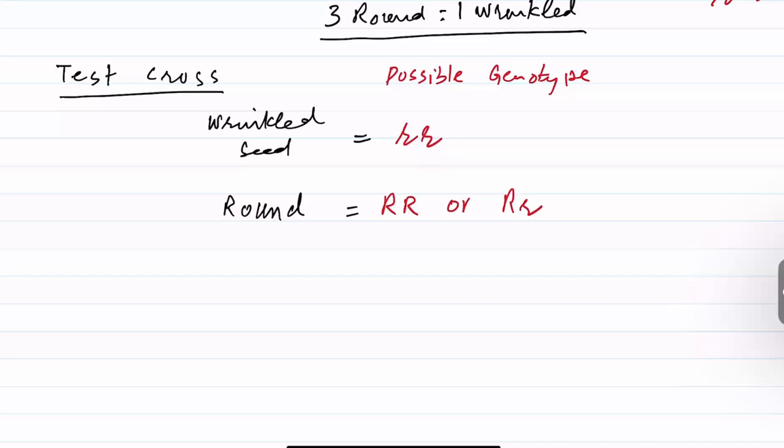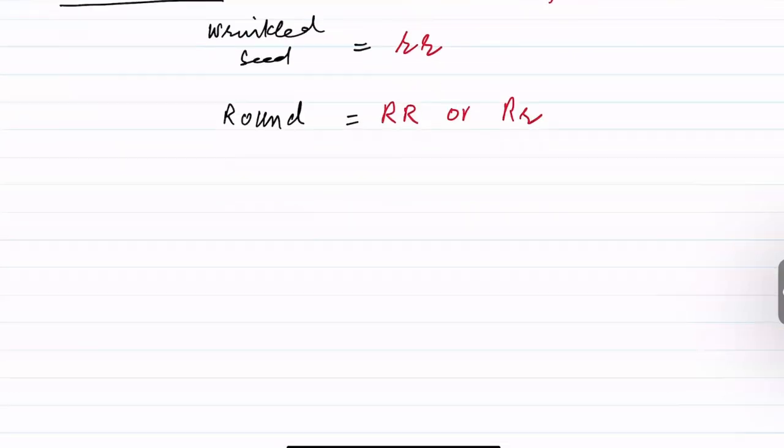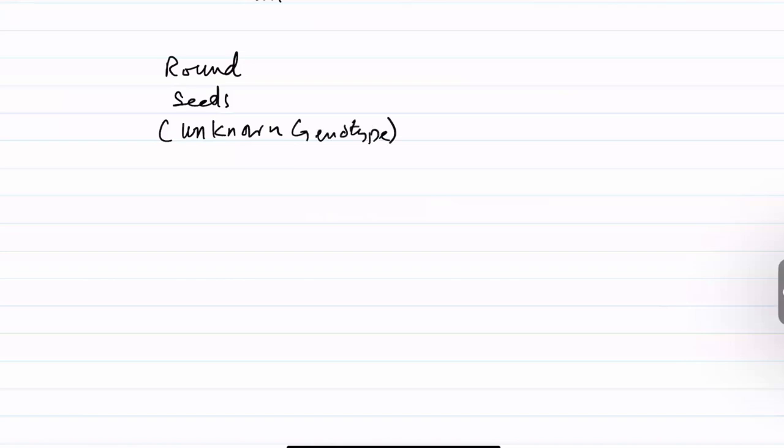So how do we determine what is the genotype of a round plant? So this is, for example, a round plant, a plant with round seeds, which is with an unknown genotype. And we want to know the genotype of this round seeded plant.